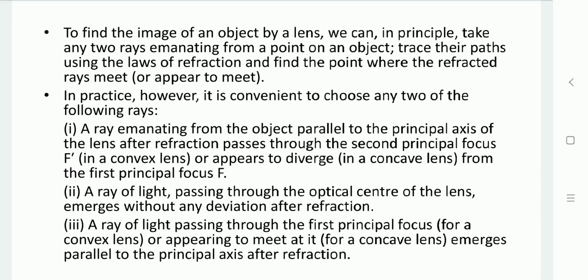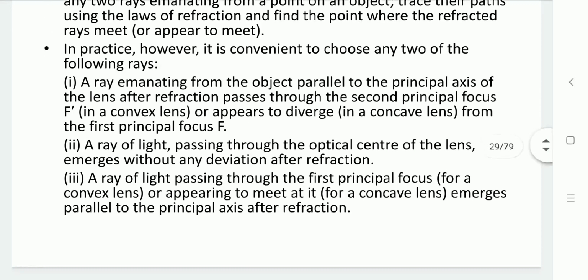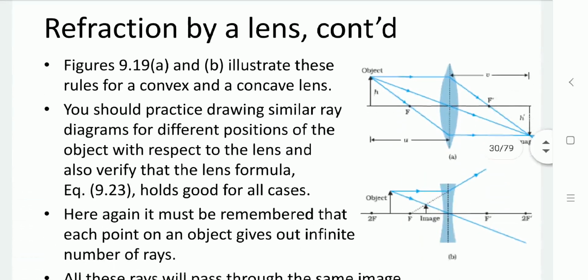Second, a ray of light passing through the optical center of the lens emerges without any deviation. Third, a ray of light passing through the first principal focus emerges parallel to the principal axis after refraction. So any of these paths can be used to combine two rays and find where the image will be generated.